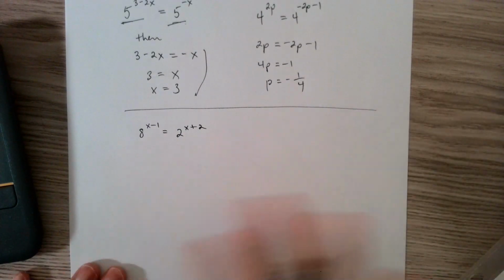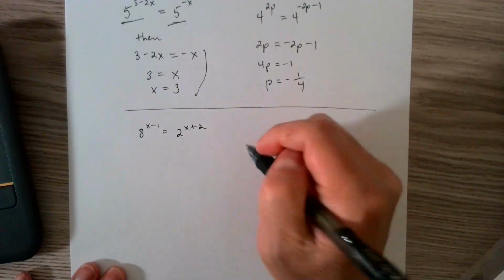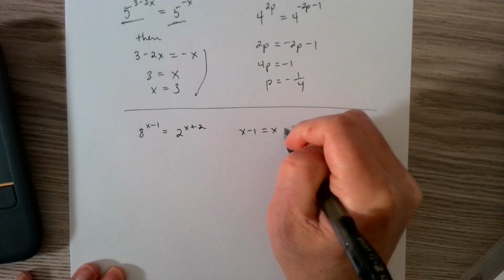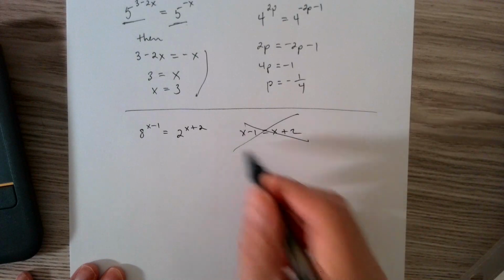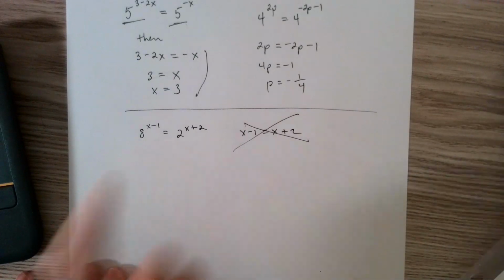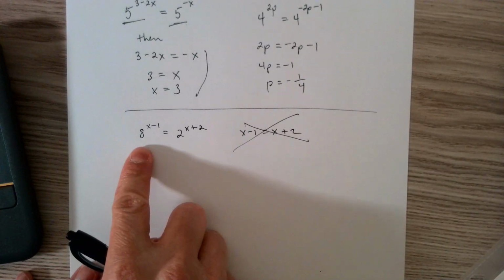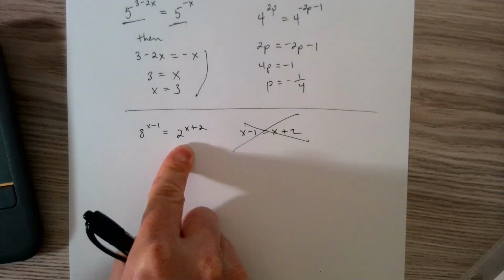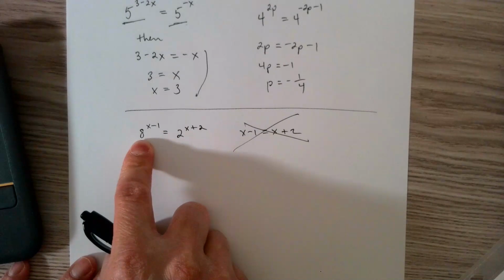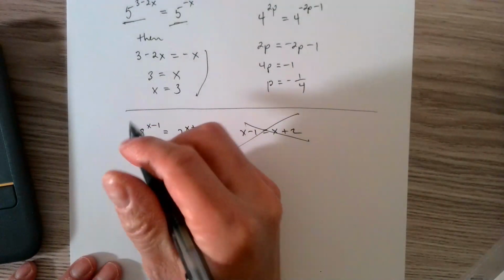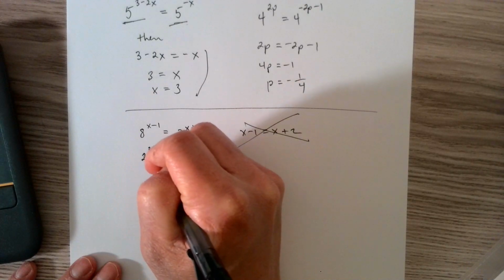So I may not write that. That's not true, because these bases are not the same. But 8 and 2 do have a relationship. 8 happens to be the cube of 2. So I can rewrite 8 as 2 cubed.